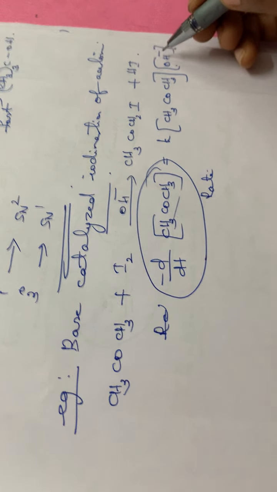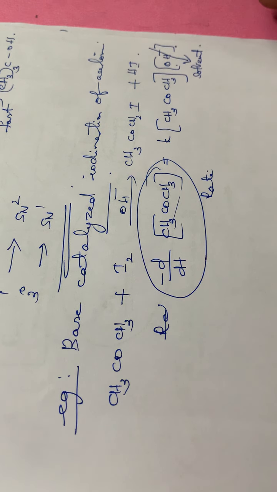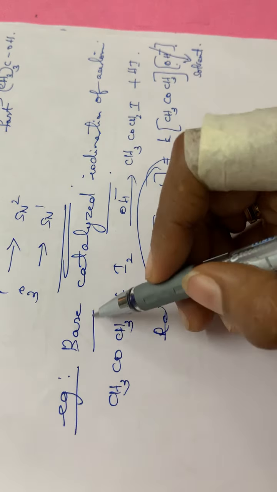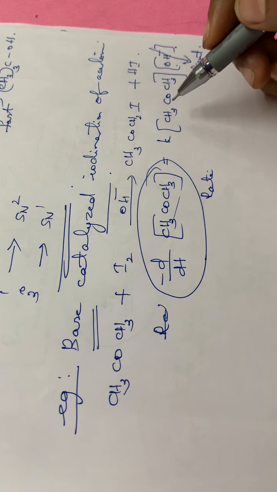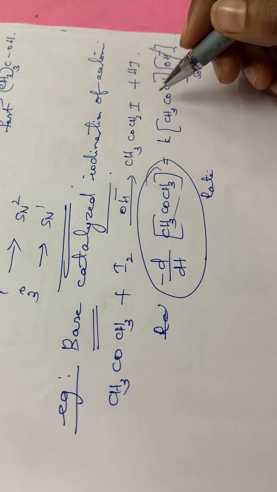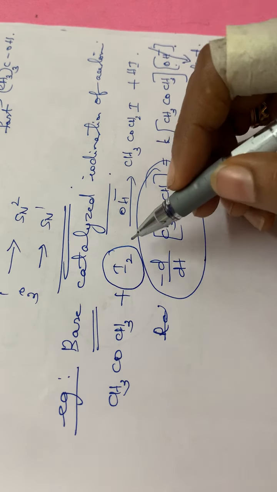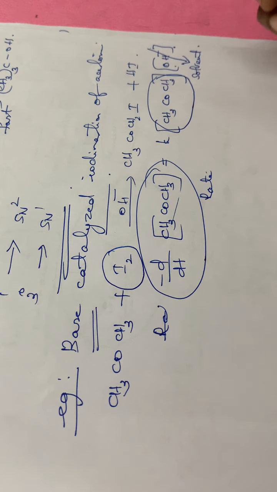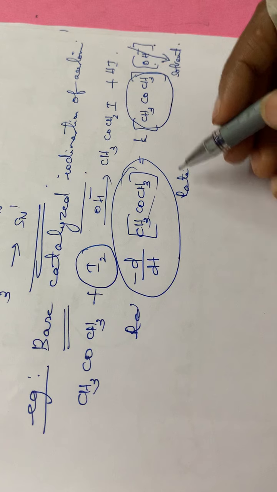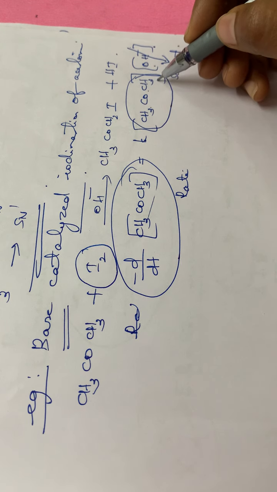See here, this OH minus is the solvent. In the presence of an alkaline medium, that is a base catalyzed reaction, that is why this OH minus is considered here. Otherwise it is a first order reaction, that is, the rate does not depend on the concentration of the iodine, only the substrate is used up here. So we can simply say that the rate is K into CH3COCH3.